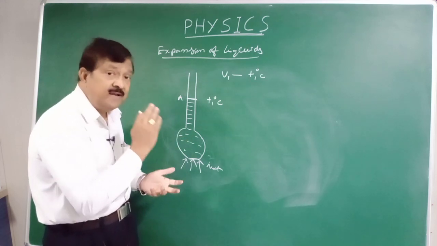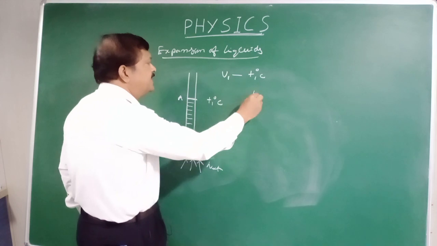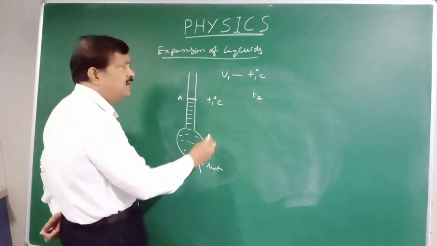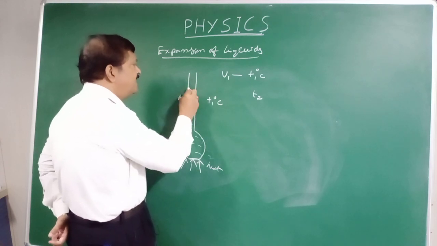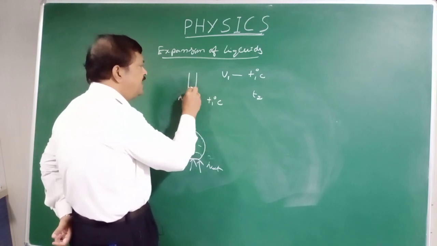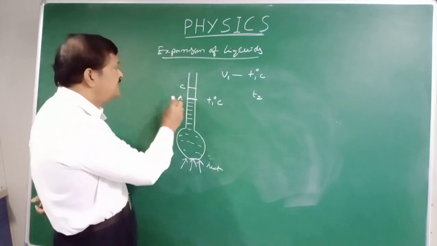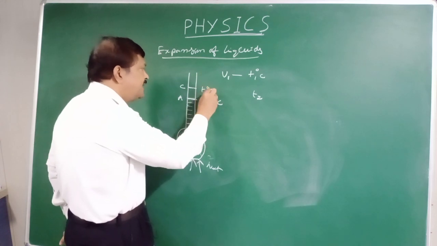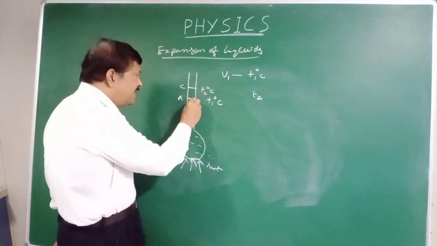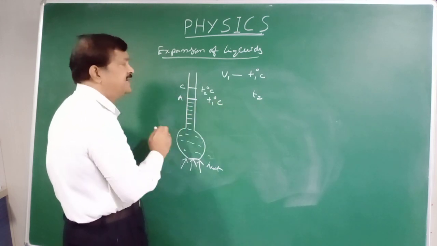The temperature will increase. As a result, let us suppose the final temperature is T2, and the final liquid level I have seen is at the point C. So, C is the final level of the liquid at the temperature T2 degrees centigrade, and liquid level A is the level of the liquid at the initial temperature T1 degrees centigrade.